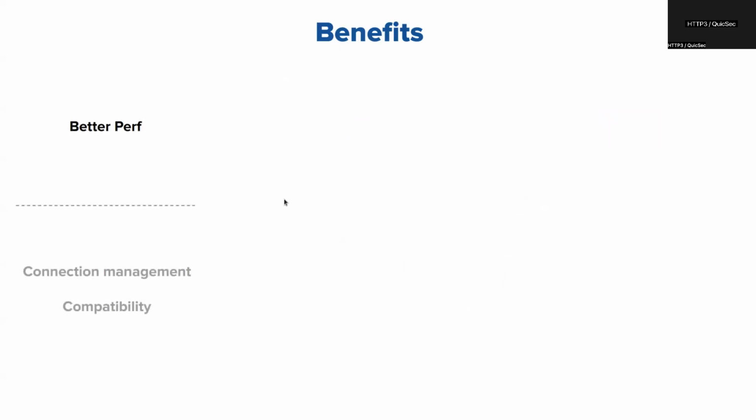First, by virtue of using HTTP3, your application now benefits from significantly better performance, including much lower latency for your application transactions. And QuicSec completely automates all of the connection management while maintaining compatibility with existing applications.